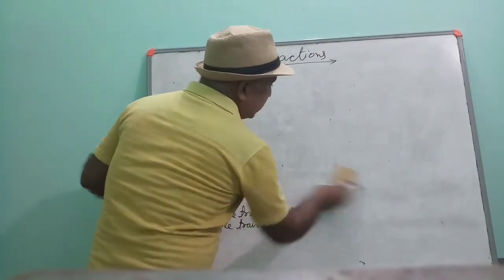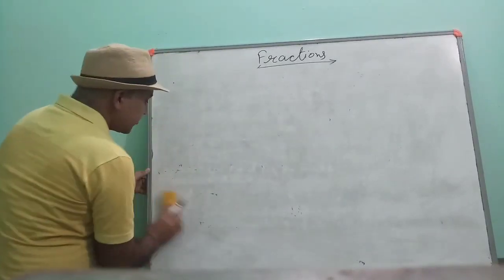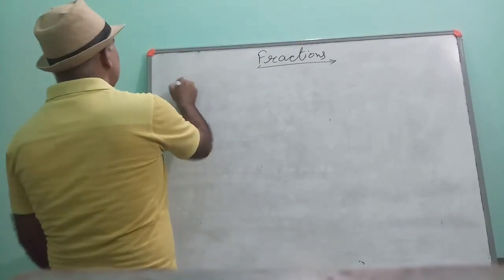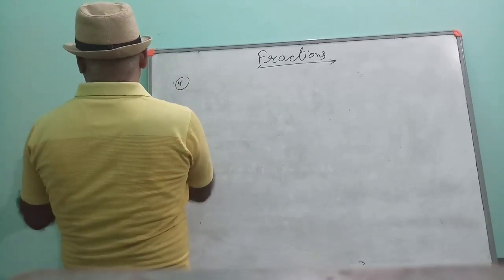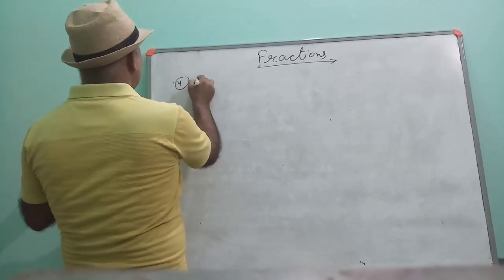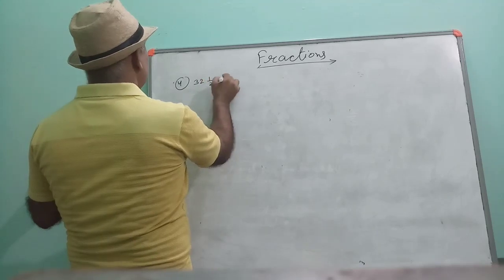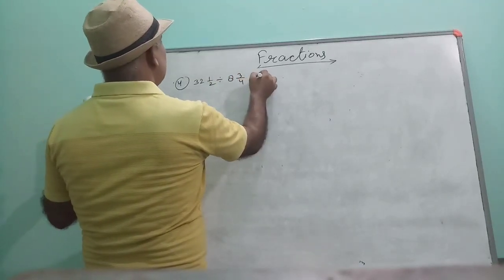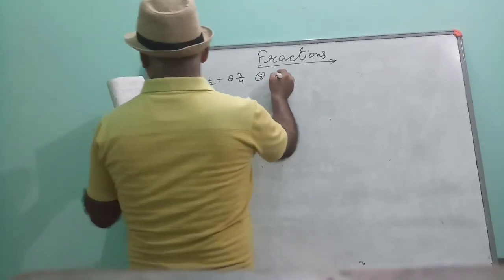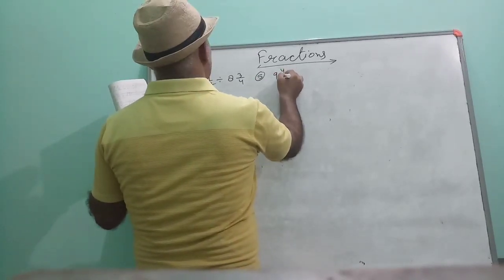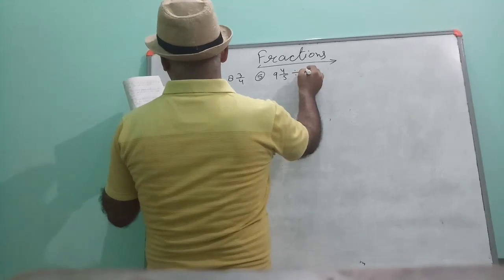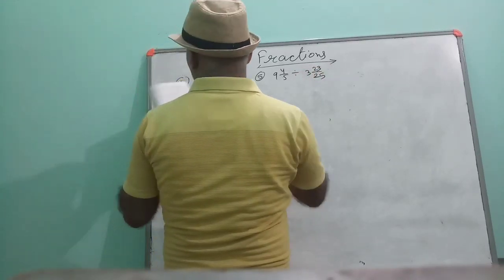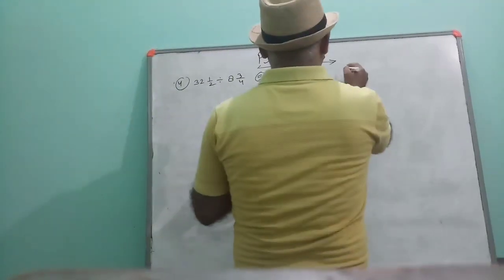Now see the question number 4, which is based on the division. (32.5) divided by 8 into 3 by 4. Fifth question is 9 into 4 by 5 divided by this one. Okay? One language problem.